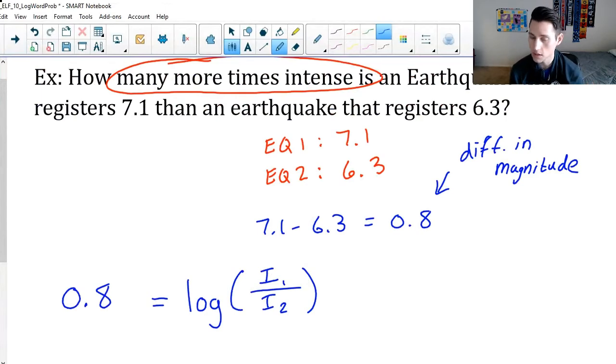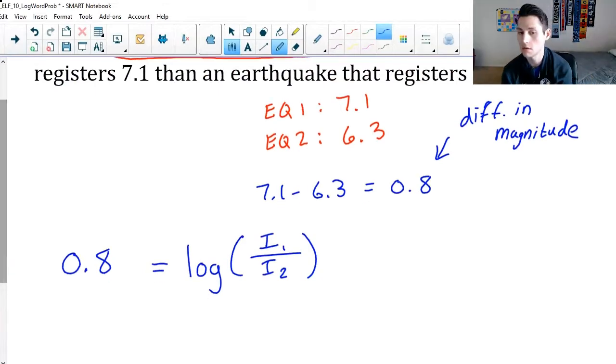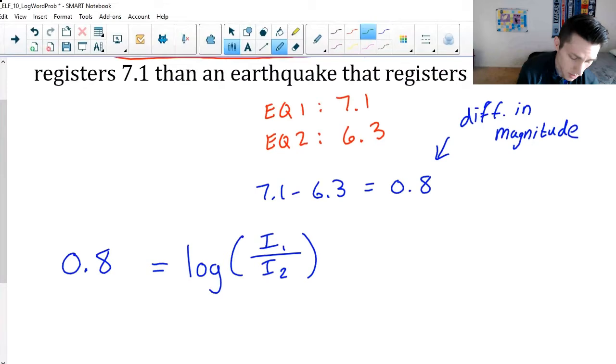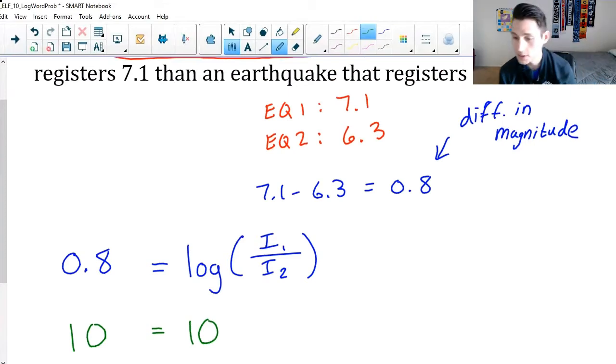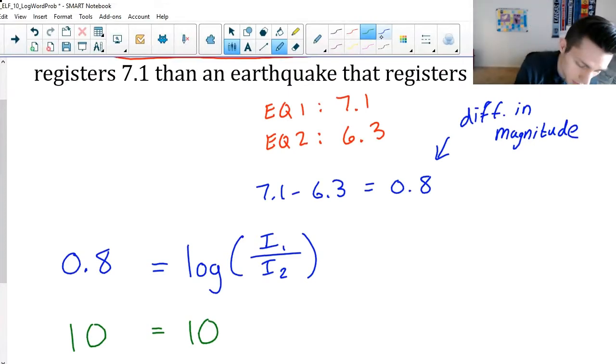So let me solve this now to end up with the ratio of the intensities. This is just a logarithmic equation. This is what we worked on yesterday on how to solve this. Well, I need to get rid of the logarithm. The inverse of logarithm is exponential, so I'm going to create an exponential of base 10. I use 10 because this is a common logarithm, and common logarithm is always base 10.